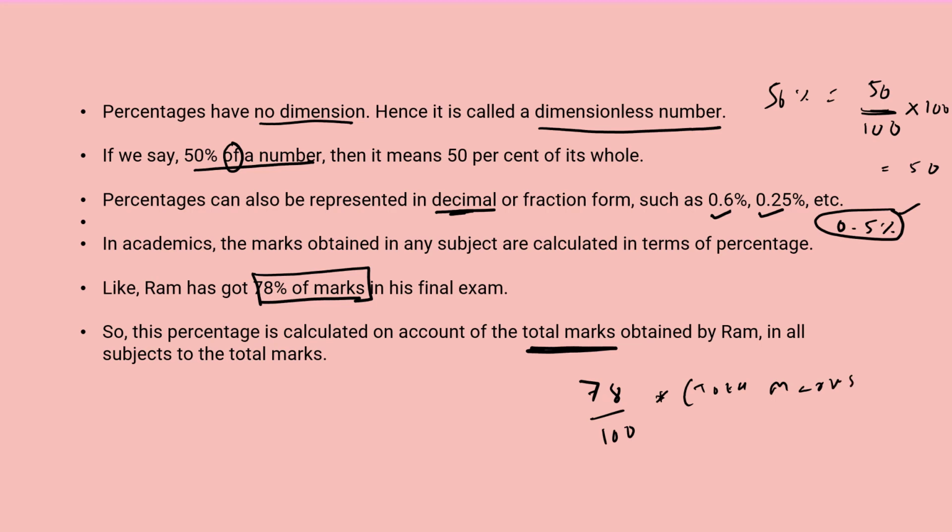So for example, if total marks is 100 and the student has got 78%, then he has accurately 78 marks. So this is what we mean by percentage.